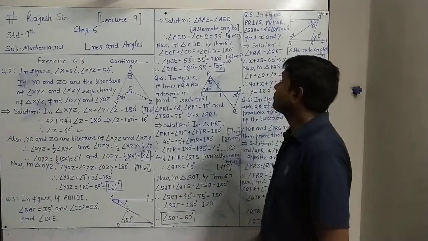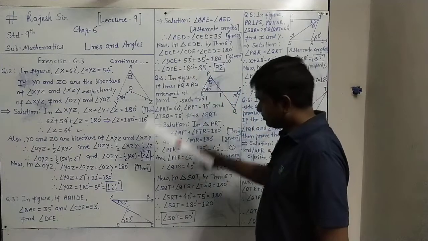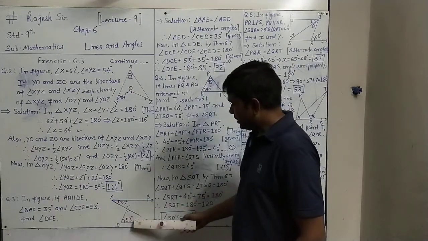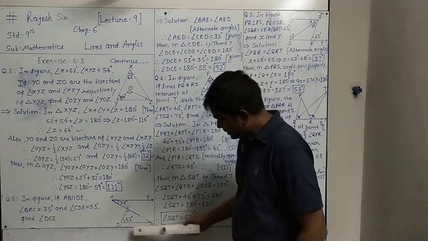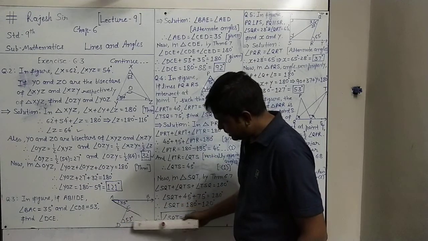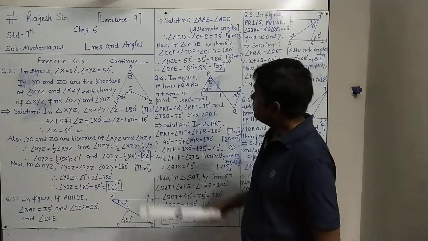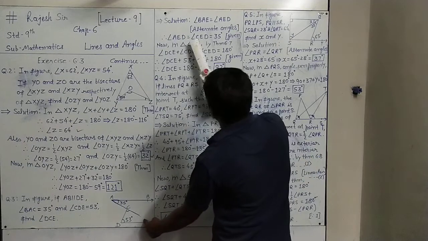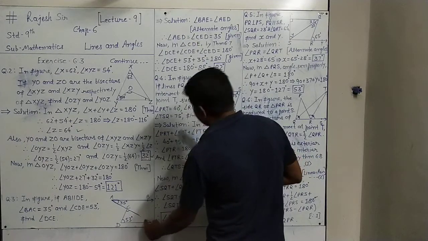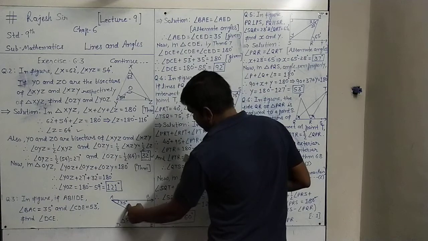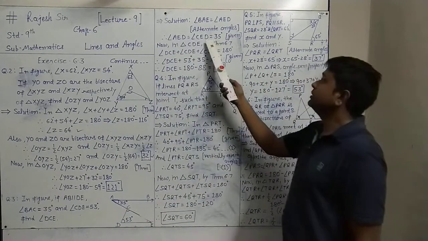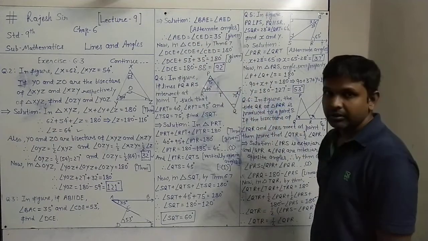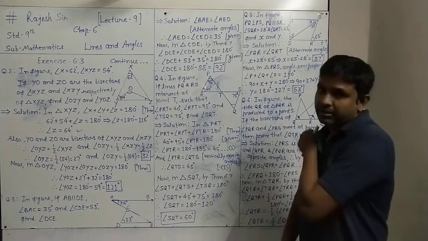So angle AED and angle BAE are equal, and angle AED can also be written as angle CED, the same angle. That is equal to BAE, and this is 35, as given. So angle AED, or angle CED, is 35 degrees.